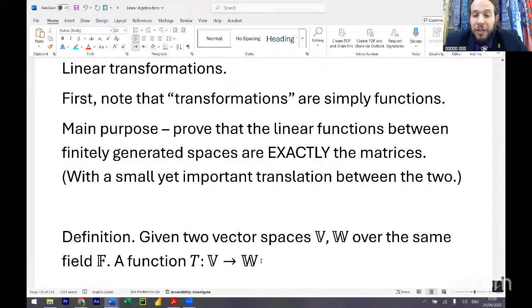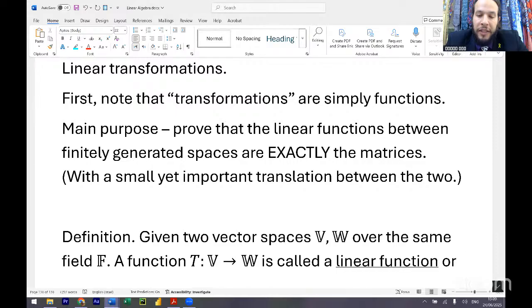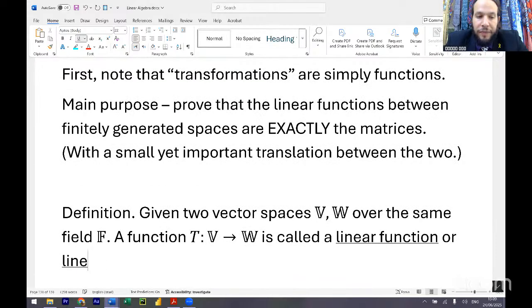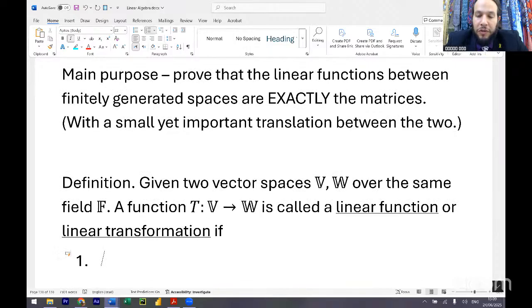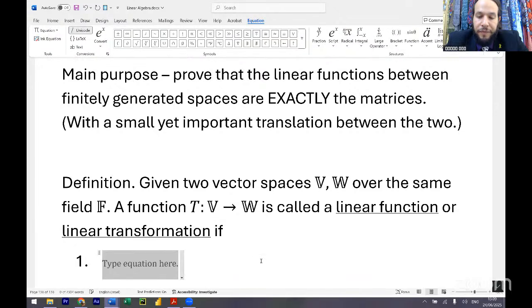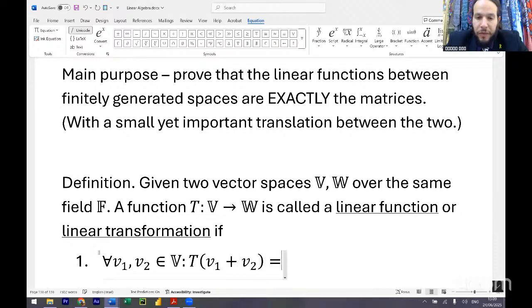A function T is called a linear function or linear transformation if the following two hold. First, for every V1 and V2 in V, it is true that T of V1 plus V2 equals T of V1 plus T of V2.